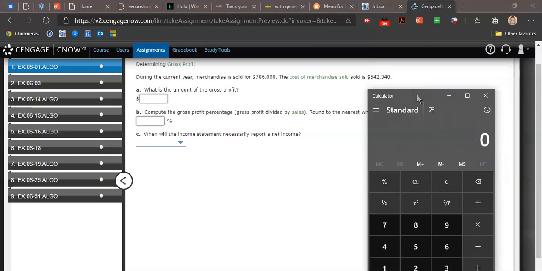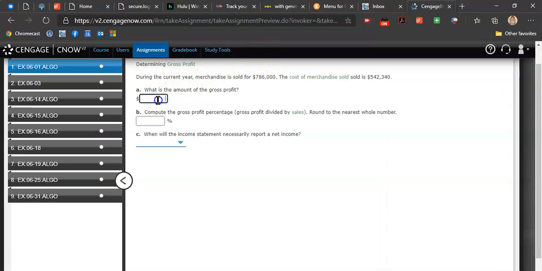It is $786,000 in sales, and we have cost of merchandise sold is $542,340. Therefore, $243,660 is our gross profit.